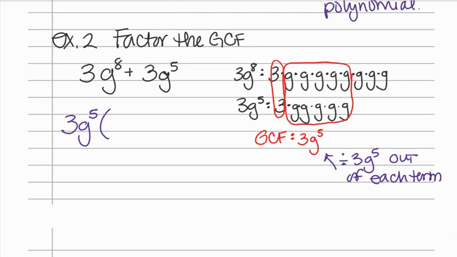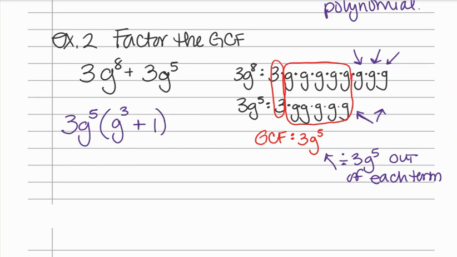So if I look at my 3g to the 8th, these 3g's are all that's left: g times g times g. So I have g to the 3rd left. Plus, now if I look at my last expression, I have nothing left, right? All of my factors were used. So I would just write a 1.